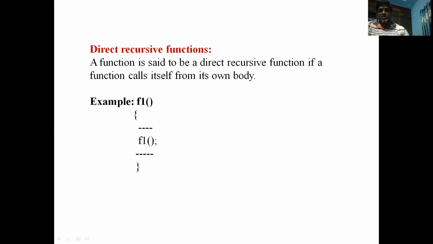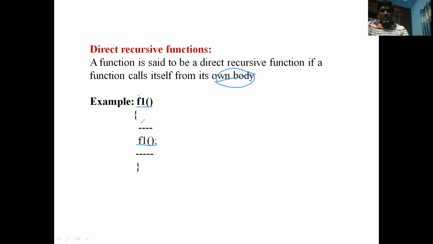This is the definition of a direct recursive function. A function is said to be a direct recursive function if a function calls itself from its own body. Okay, so you need to remember this, from its own body. That means assume that f1 is the function we are defining, and in the body of f1, the function f1 is again called. Look at the name of the function.